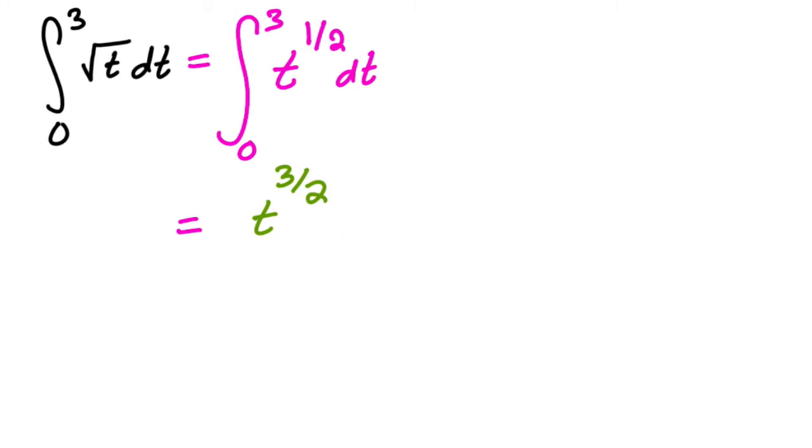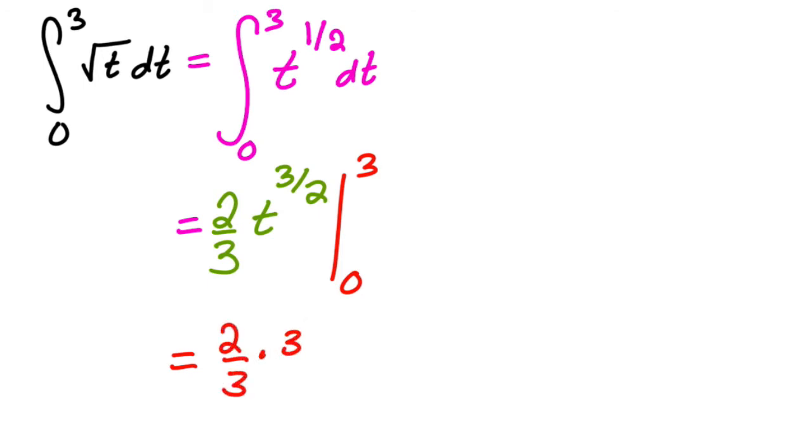And then remember, instead of dividing by 3/2, we're going to multiply by the reciprocal, which is 2/3. And then we're going to evaluate from 0 to 3. So this is equal to 2/3 times 3 to the 3/2 minus 0.